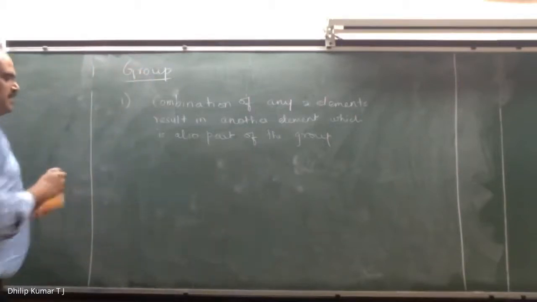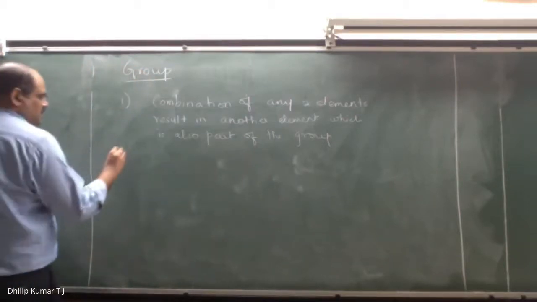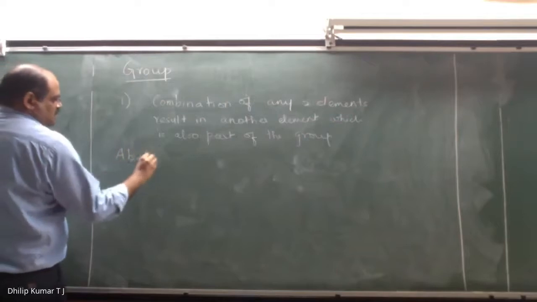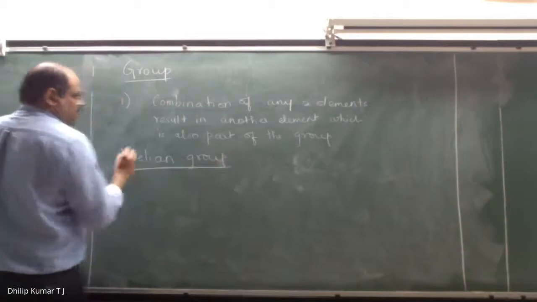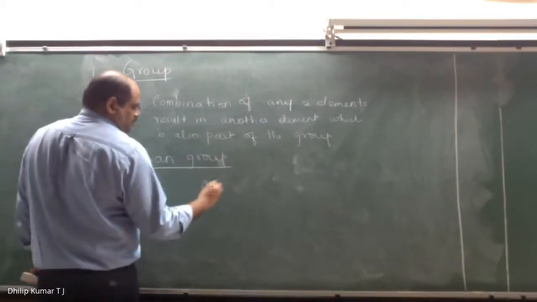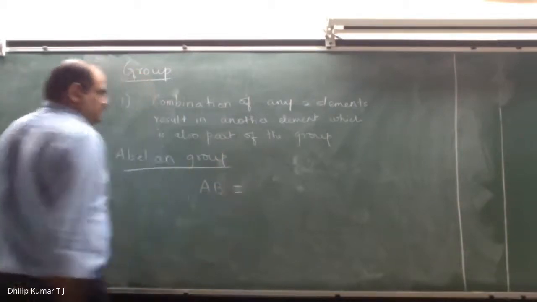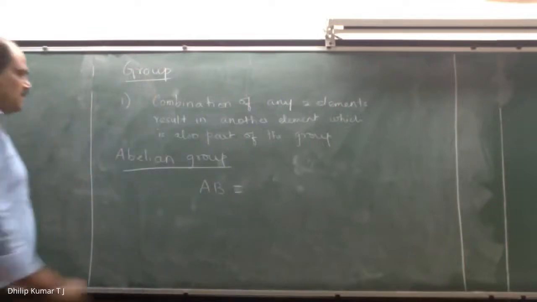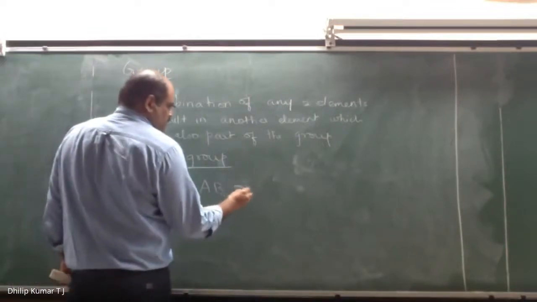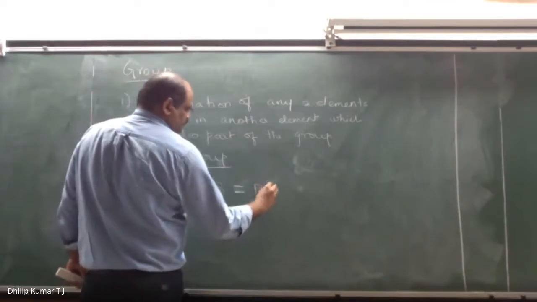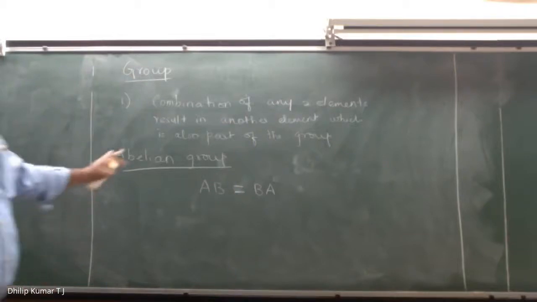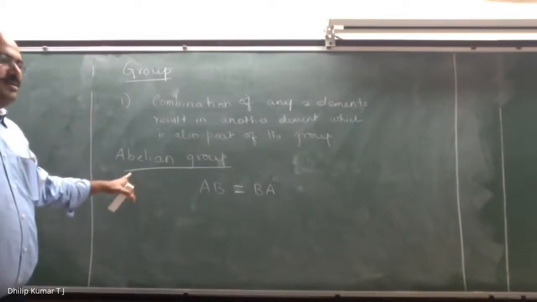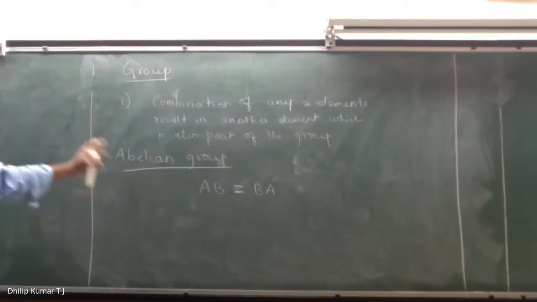If special, there is something called an abelian group. What it means is if you take a combination AB and it results in just the same as BA, then this group is called an abelian group. Not all groups are abelian groups. Only certain groups are abelian.